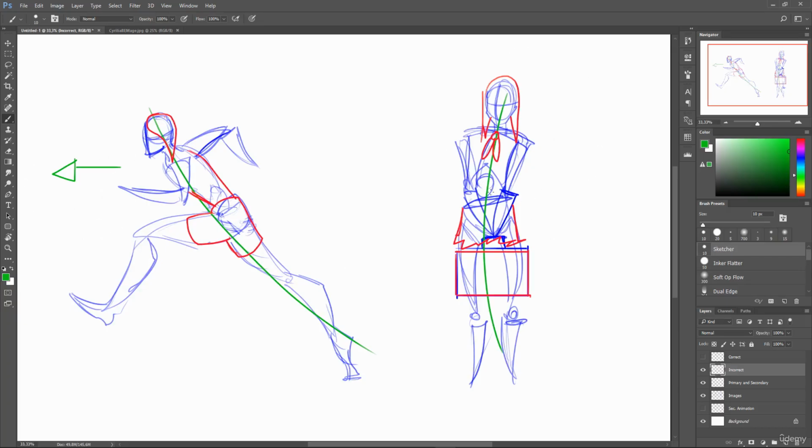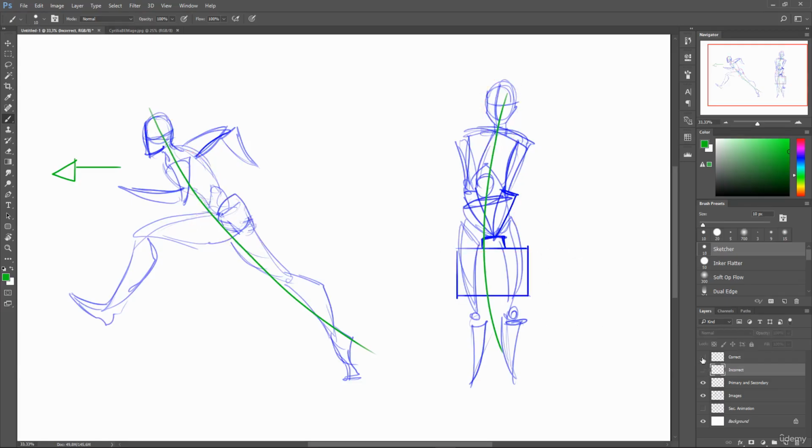And similarly here in the static character, we just assume that because the character is standing still, everything else should be still too. And so the character's hair is just really straight down, the scarf is straight down, the dress is straight down, and the case is very much parallel.